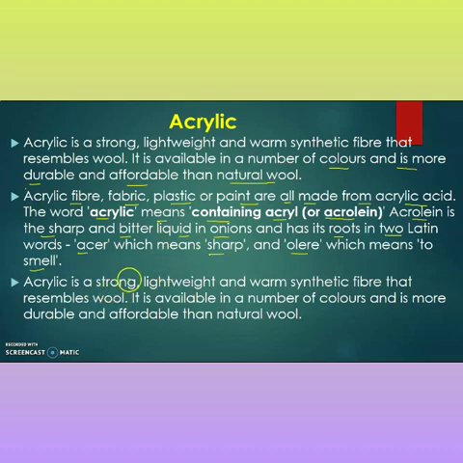Acrylic is strong, lightweight, and warm synthetic fiber that resembles wool. It is available in a number of colors and is more durable and affordable than natural wool.